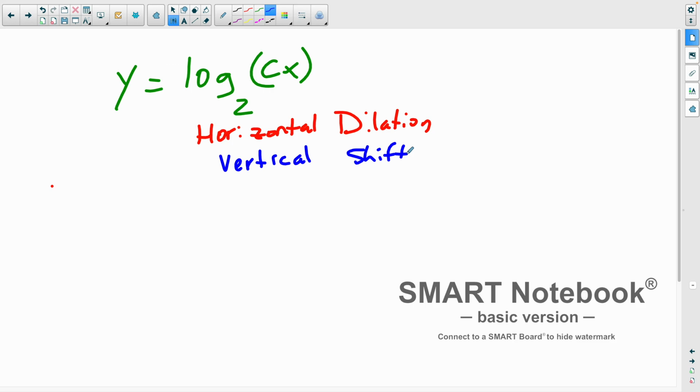The parent function was log base 2 of x. That's the parent function. And what we were doing is we were adding a certain amount each time, and that certain amount was log base 2 of c. Okay?